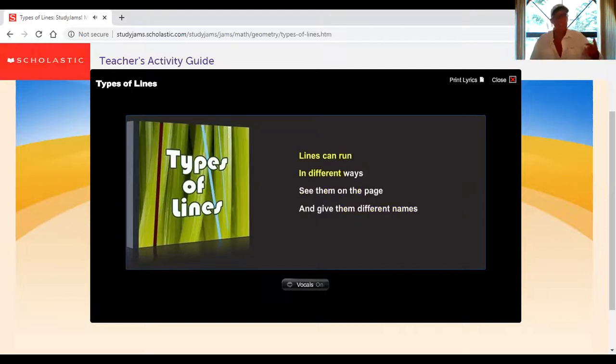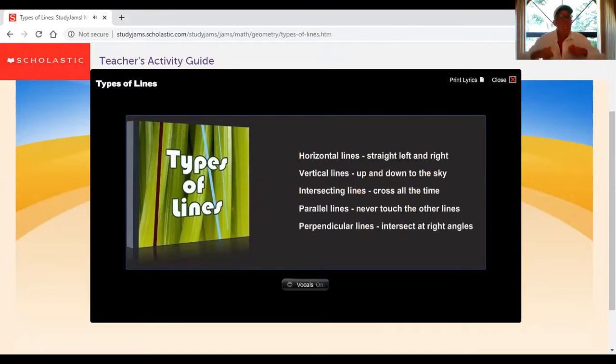Lines can run in different ways. See them on the page and give them different names. Lines can be found in most everything we see, because they shape the world in front of me.